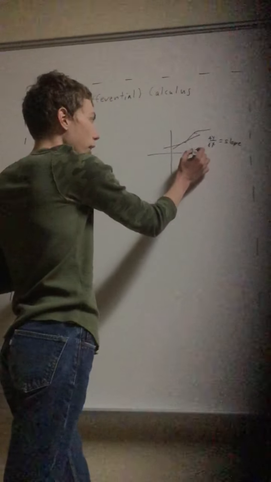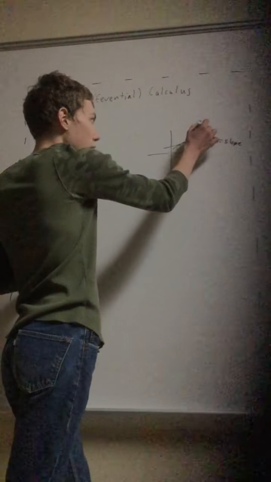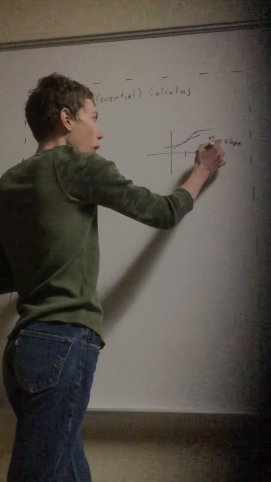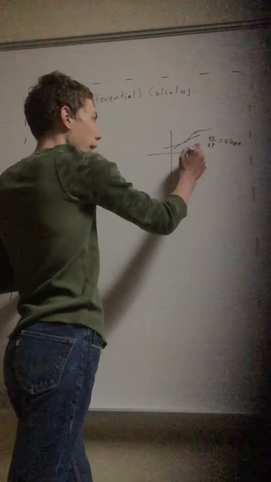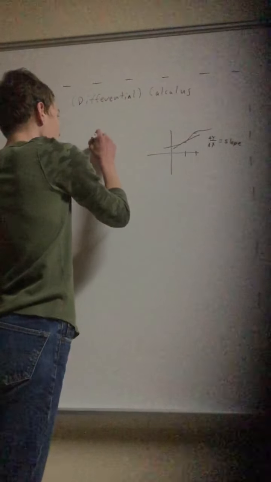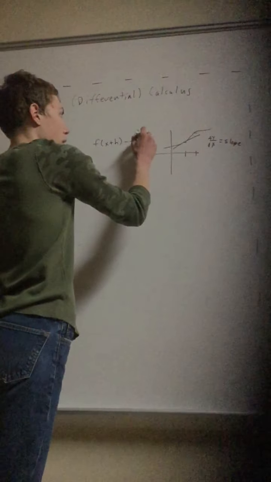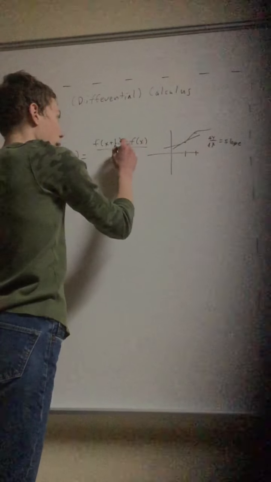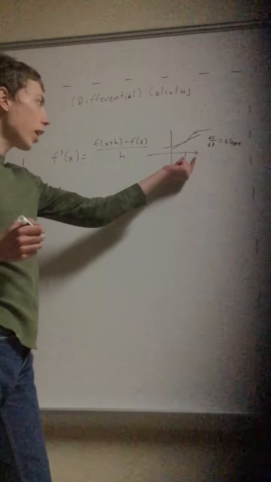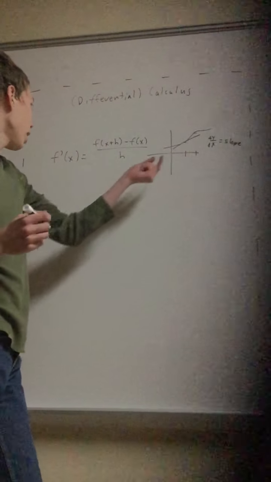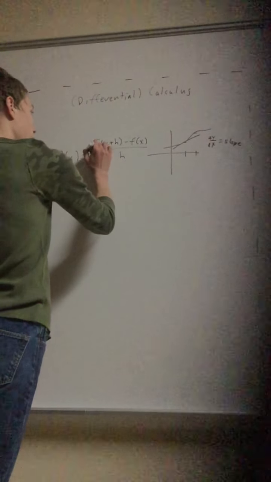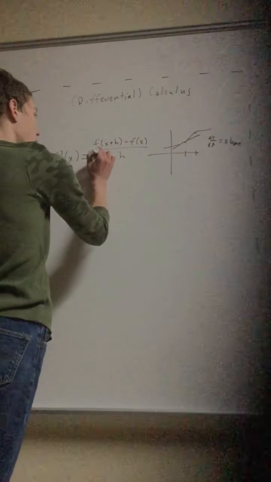The idea is that if this is pretty small, then this is going to be close to the actual change in y. So you could just take the function at some further point, take that change in y and divide it by the change in x. And then if you bring these really close together in the limit, you can get the slope at that point.